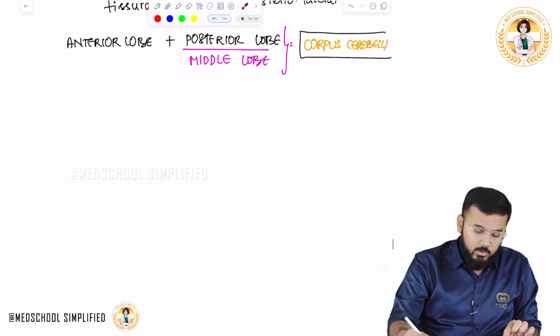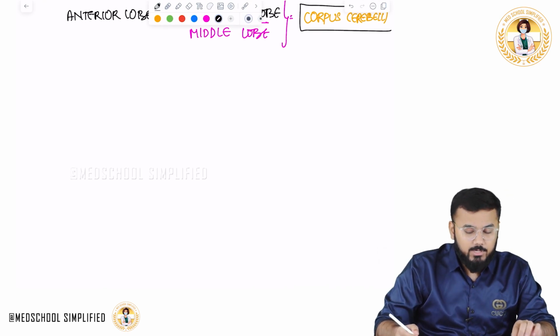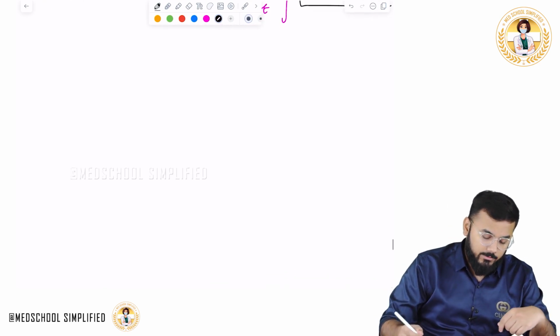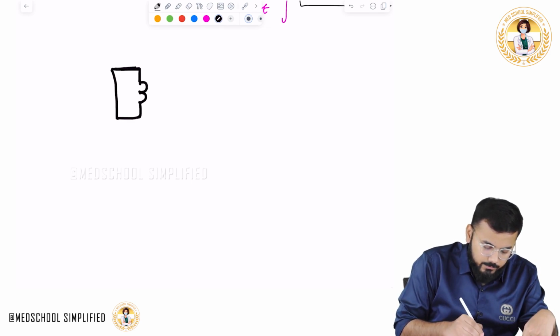Okay. So in the lateral view, if you look at the same picture, this is how it looks. For example, this is your midbrain. This is your pons.